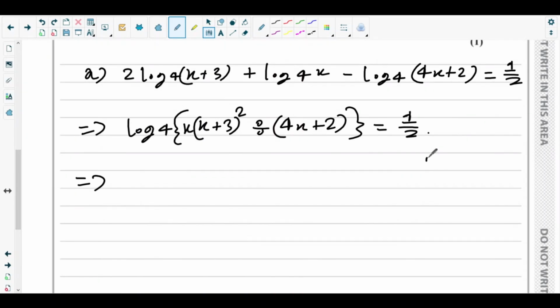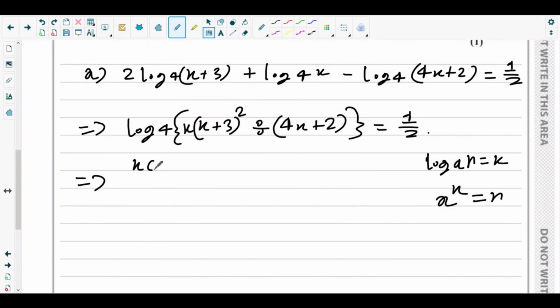If log base a of n equals x, then a to the power x equals n. Okay, in place of a is the base, so 4 to the power half equals this equation.